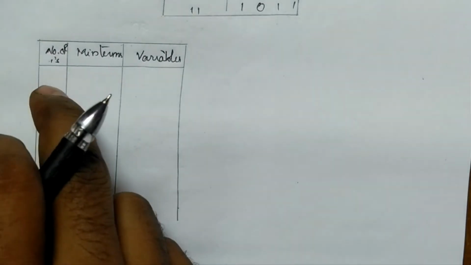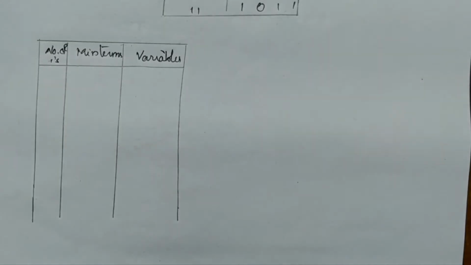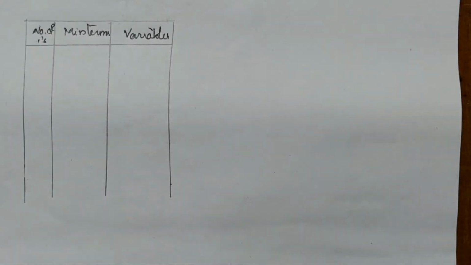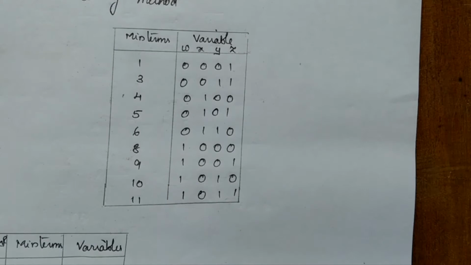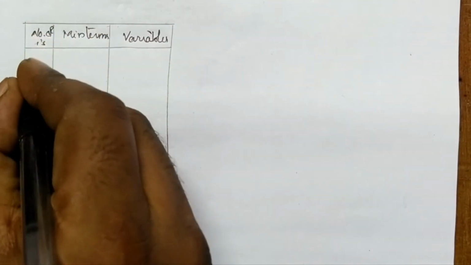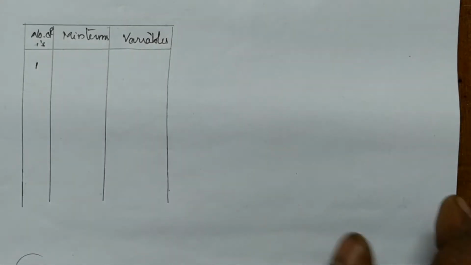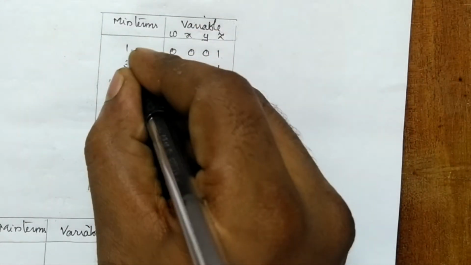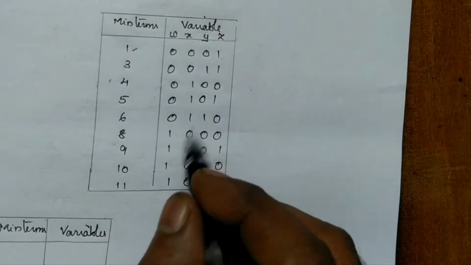First we need to start with number of ones is equal to 0. In the minterms there is no 0 value, therefore we can start with number of ones is equal to 1.